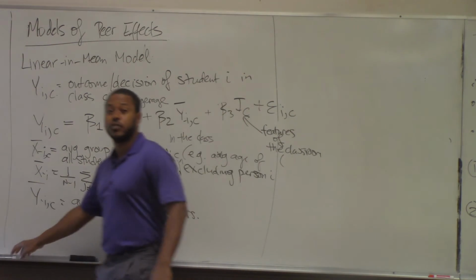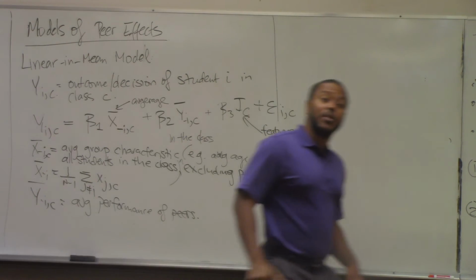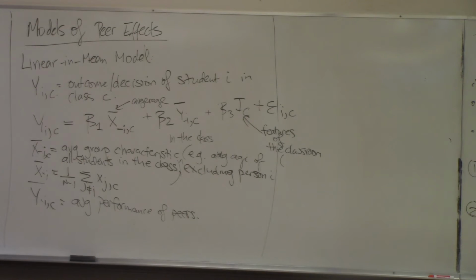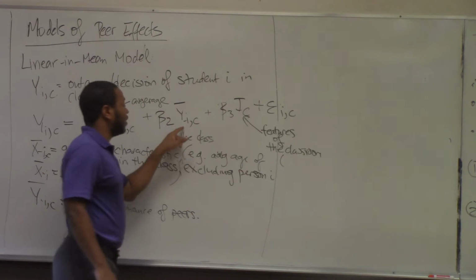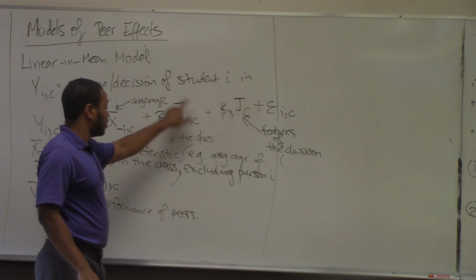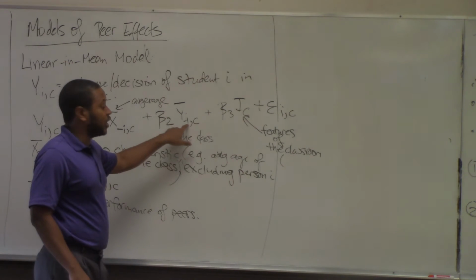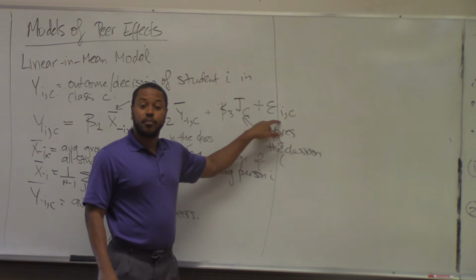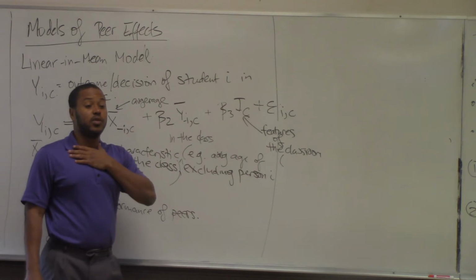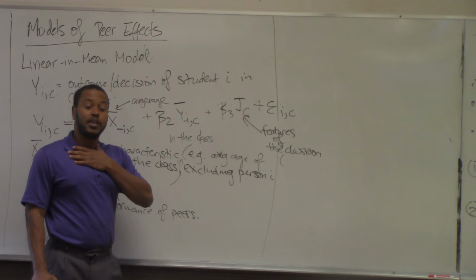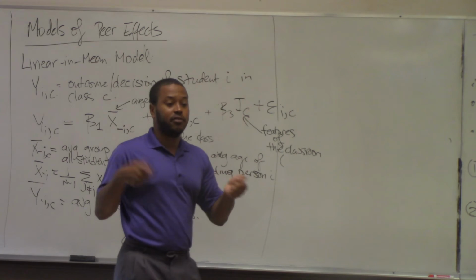So I want to make sure that I give you enough time to talk about the paper. All right. So we're going to need something that's correlated with the average class performance of everybody excluding you, but that's uncorrelated with the error term. For example, if we have some previous measure of student ability, that could be a possible instrument, because you can think about the student as having a baseline level of intelligence.